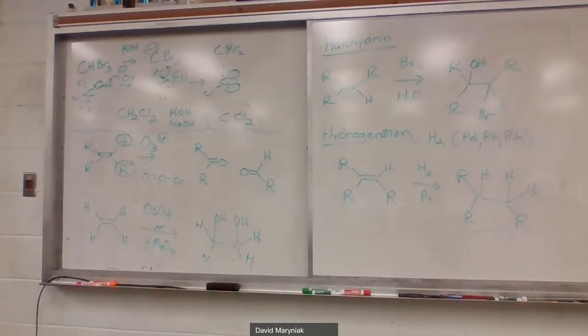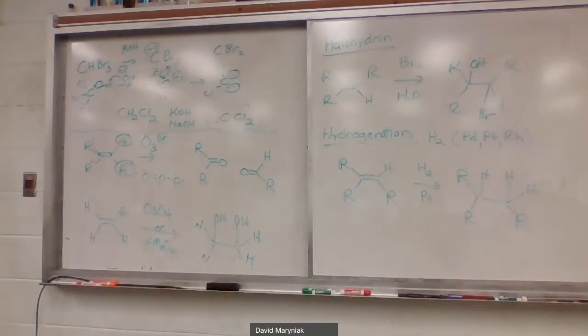That would be what's in a car radiator that acts as antifreeze. So a lot of these reactions have historical precedence in what they made, but then they also have synthetic relevance because we can do lots of things with diols.